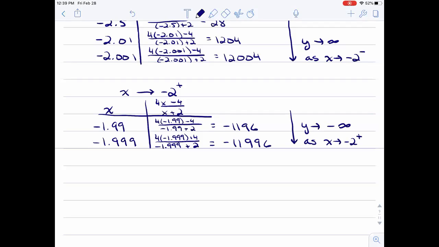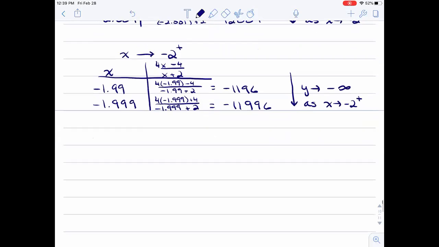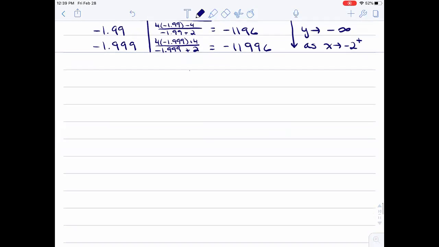So in terms of what that's going to look like on our graph, right? Because if you have a look at the question, our end goal here is to figure out all the components that we need in order to sketch a reasonable graph of this thing, right? And so the first thing we're going to look at is the vertical asymptotes, right? Usually a pretty good place to start. And so what we've just figured out is that here's our x, here's our y.